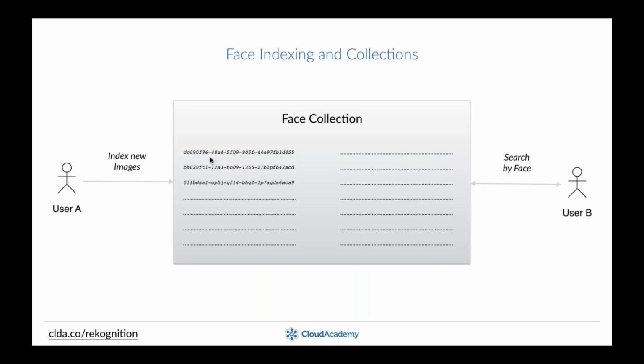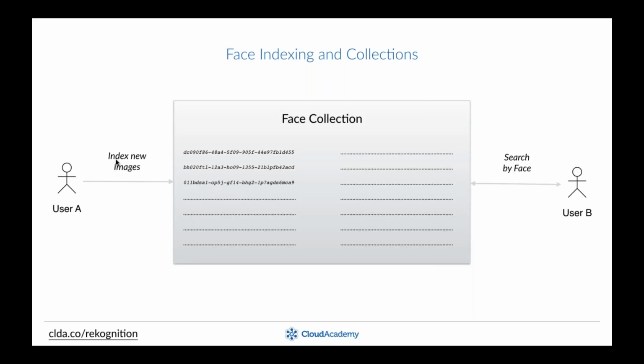Okay, what about indexing and search? What happens is that you can create collections of faces. So let's imagine this box here as a collection. You can just give it a name or an ID. And then you can add new faces to the collection by calling the index faces API.